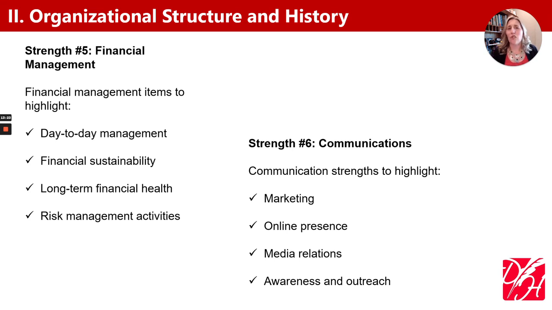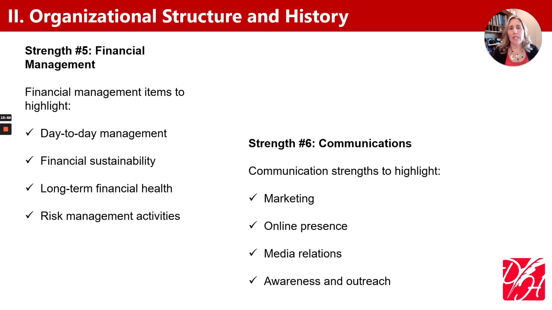Next up is a potential strength to highlight in our organizational capacity, which is about our communications as an organization. How is it that we engage with our community? How is it that we engage with our stakeholders, with our donors, with our potential clients, with elected officials? What is the way that we make sure that our mission and our vision are clearly communicated to others?